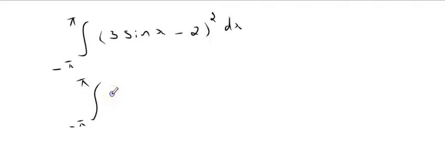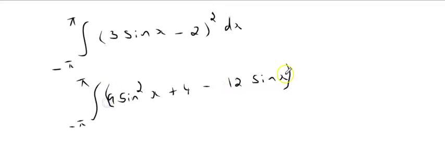So that will give you 9 sin squared x plus 4 minus 12 sin x dx. Now we know that whenever the limit is minus a to a, for an odd function it is going to be 0.